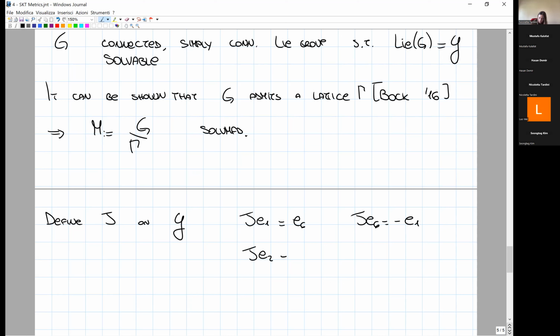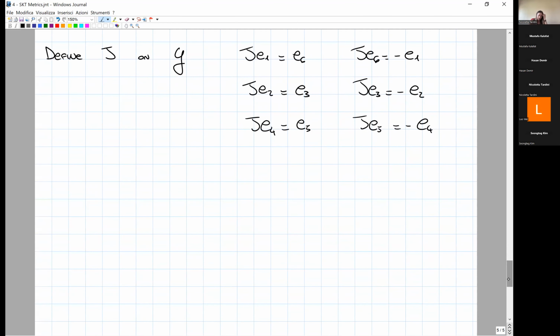J of E2 equal to E3, and J of E4 equal to E5. In particular, J of E3 has to be minus E2, and J of E5 has to be minus E4. You can check as an exercise that J is integrable. So it's not just an almost complex structure, it's actually a genuine complex structure on the manifold.